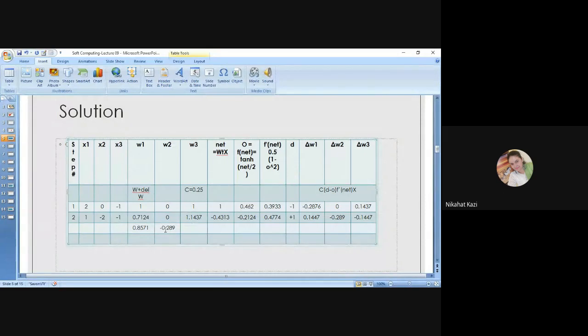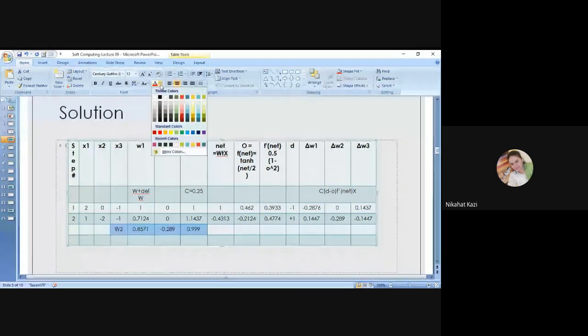This is 1437 and this is 1447. So what are you getting? Point triple nine, 0.999. Almost 1. Fine. So these are the final weights, W2. Right?